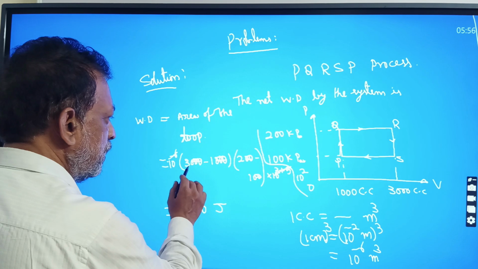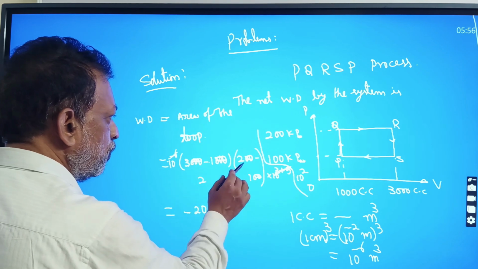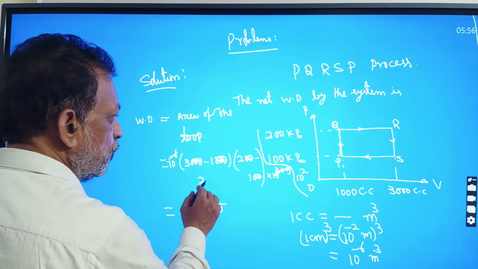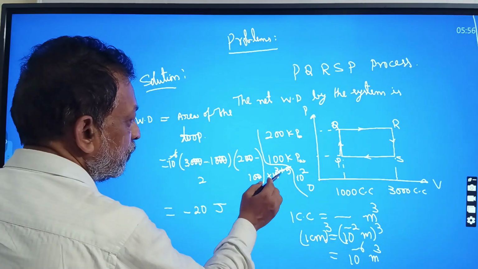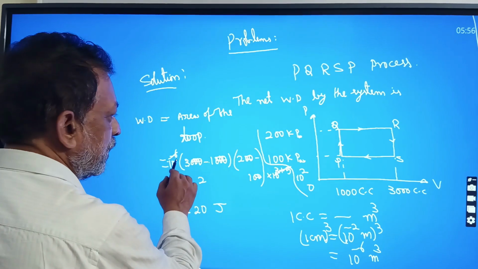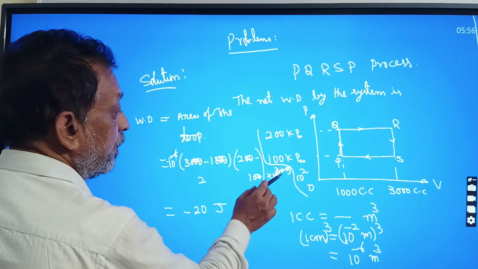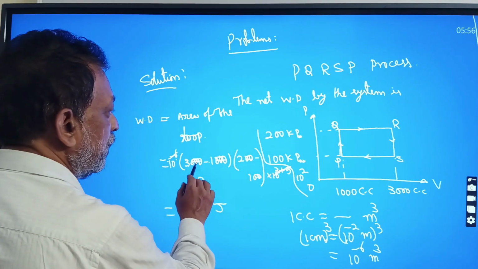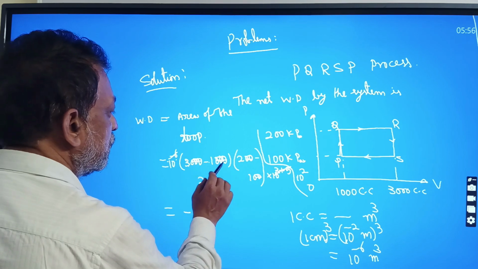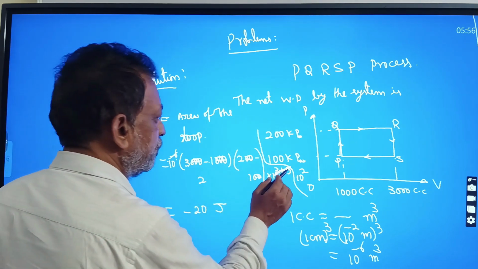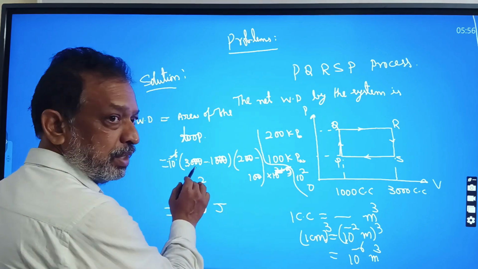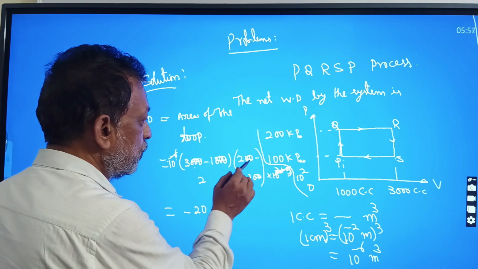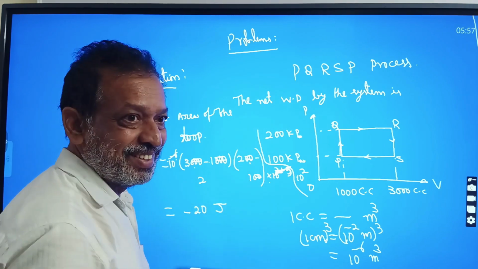So 3 minus 1 is 2. 2 minus 1 is 1. 2 into 10 to the power of, how much are you getting? Already minus 6 is there. Then what is that? 3, 3 plus 2, 5. This is totally 5. This is 3. This is 2, but kilo is there.